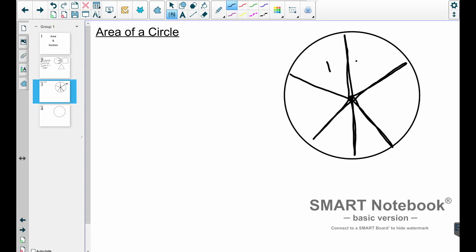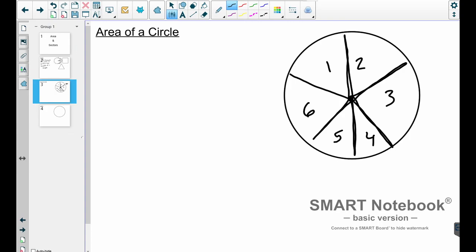Now we have 1, 2, 3, 4, 5, 6 slices, and let's pretend that these are all even size slices. I know it's not the best looking thing in the world because it's free-handed, but you'll have to forgive me on that. So now we have these almost triangular shapes with a little bit of a curved edge.